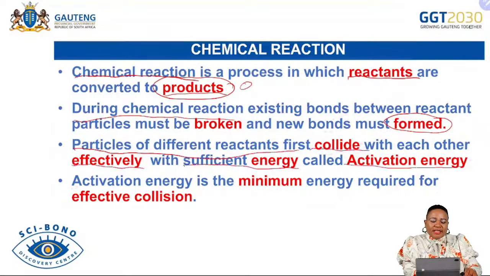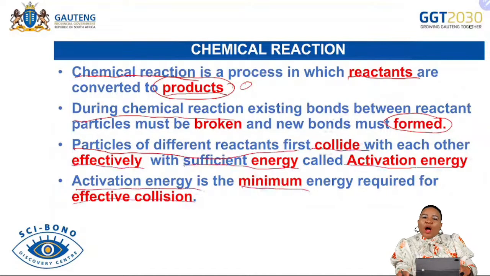So as we said, activation energy is the minimum energy required for the effective collision. If you need the reaction to be successful, we must make sure that particles collide effectively with each other. The particles cannot just collide. They can collide sometimes, but if the collision is not effective, then the reaction will not occur.